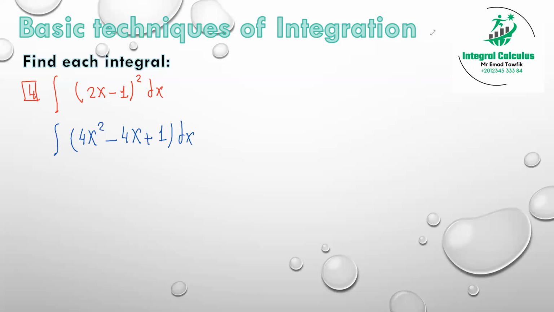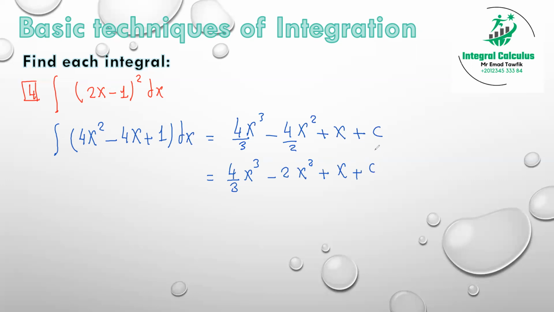Just do your integration as normal. 4x squared is written as 4x to the power of 3 over 3, and then minus 4x to the power of 2 over 2, and then plus 1x, and then plus c. You have to put it in its simplest form as much as you can: 4/3 x to the power of 3 minus 2x to the power of 2, and then plus x plus c.